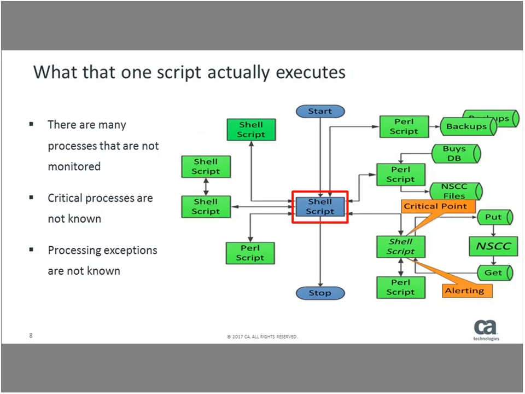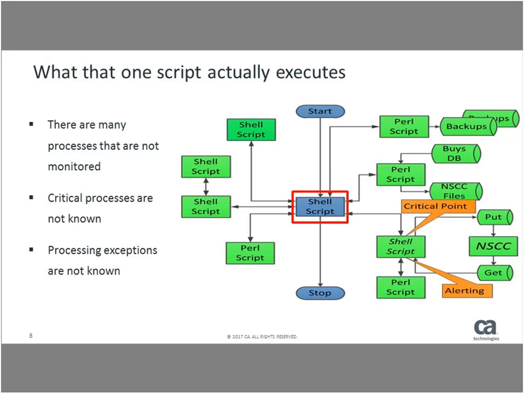Well, if you look under the covers, it's very possible that one of the wrapper scripts that you're running right now may actually execute other shell scripts. So it may have child processes that are spawned off.